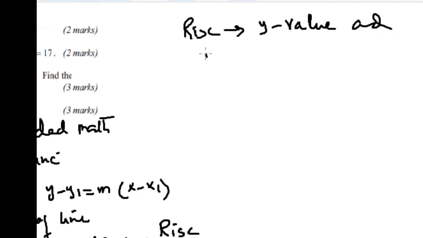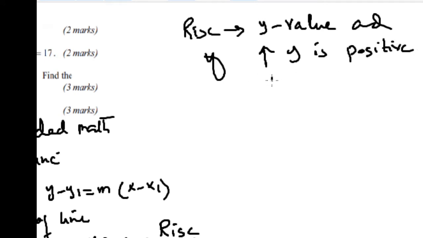If going up, then y is positive, and if going down, then y is negative.